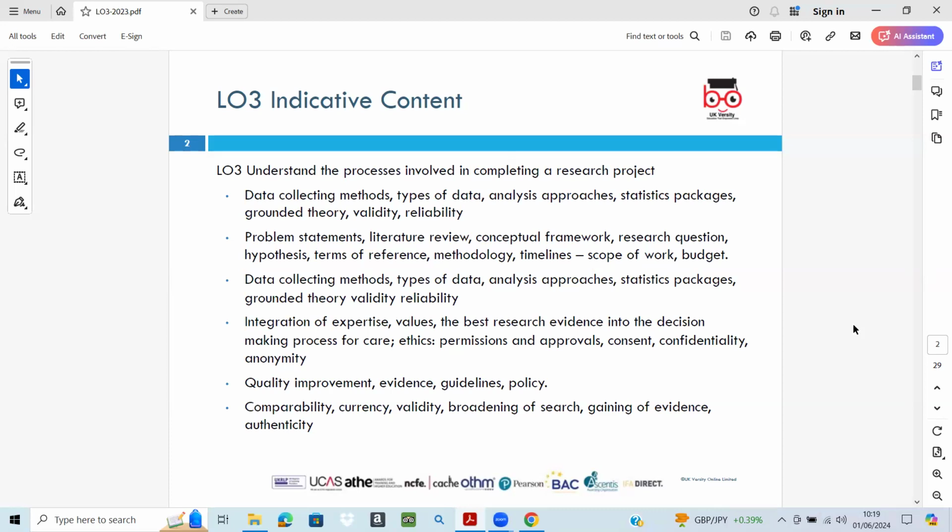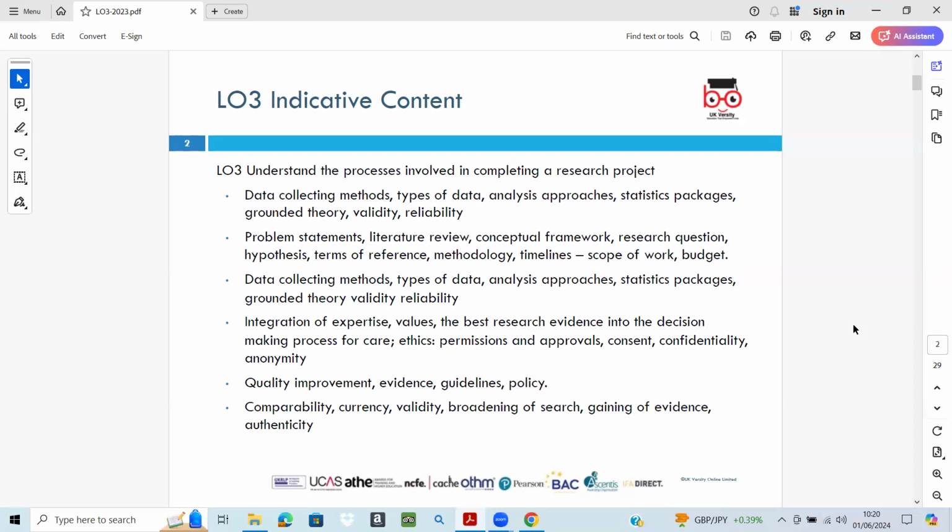Then we have integration into decision making. So incorporate diverse sources of expertise, values, and evidence. Then we have ethics. So ethics is to adhere to ethical principles, which include permission and approvals.